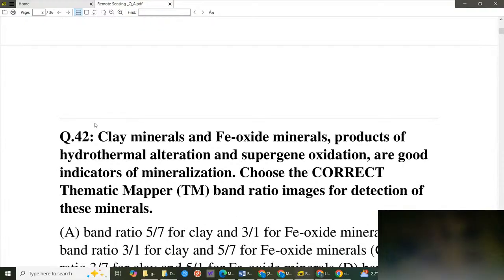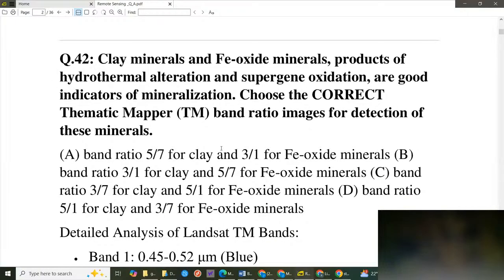The next question: clay minerals and Fe oxide minerals, products of hydrothermal alteration and supergene oxidation, are good indicators of mineralization. Choose the correct Thematic Mapper band ratio images for detection of these minerals.